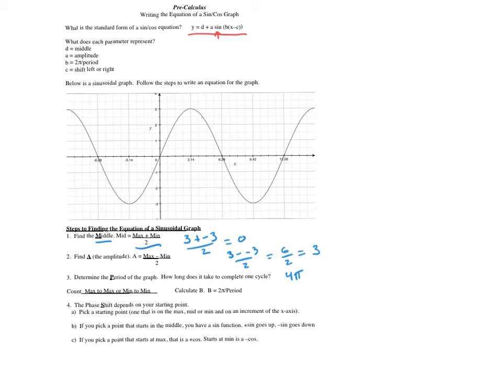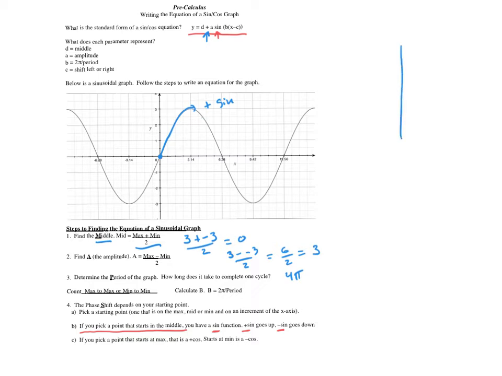In this case, we would pick the starting point right here. Since it's in the middle, if you pick a point that starts in the middle, that means you're going to use sine. It's a positive sign if it goes up, negative sign if it goes down. When I say positive and negative sign, I'm talking about that sign right there. Since this is a plus, it would go up. In this case, we start in the middle and we go up, so this would be a positive sine equation.